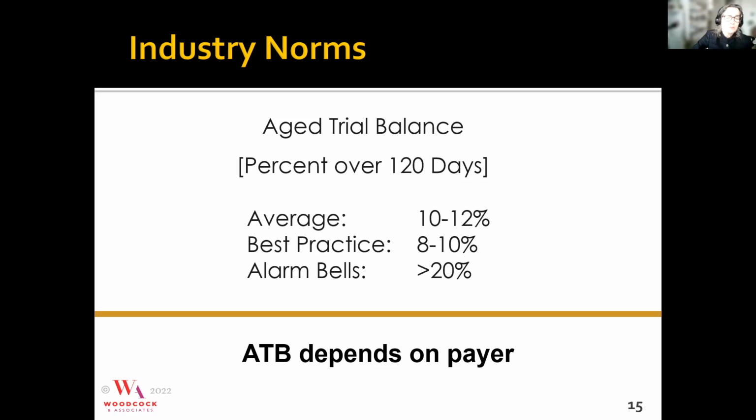I'm okay with 13, 14, 15%, particularly if I have a lot of Medicaid, MCOs, workers' comp, a lot of really challenging payers, because our age trial balance and really receivables management in general does depend on the payers in your market and how fast they're paying and how effectively they're paying. But once I start getting to 20%, I at least need to dig deeper. I've got some alarm bells going off, because I really should not have over 20% of my receivables outstanding over 120 days.